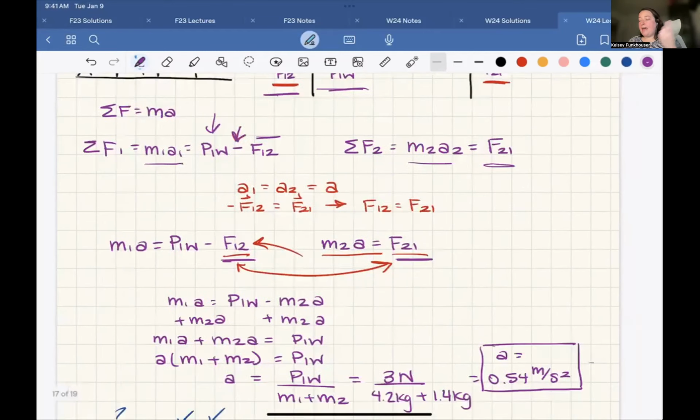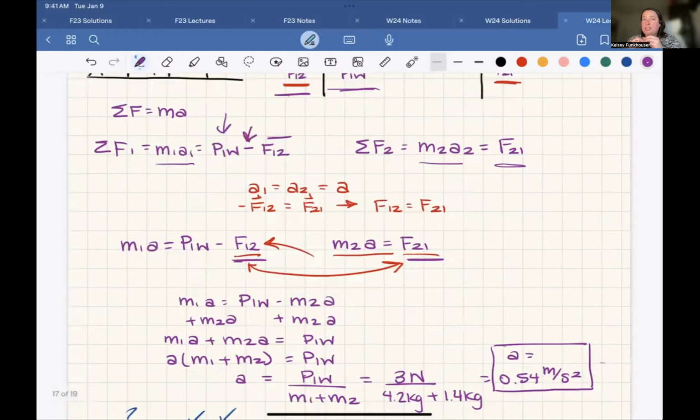And then I said that acceleration of two objects in contact is the same. So A1 equals A2, and we're just calling that A. And then those two forces, force 1, 2, and force 2, 1, are an action-reaction pair of forces, which means the vectors are in opposite directions, but the magnitudes, so that's what's happening here.